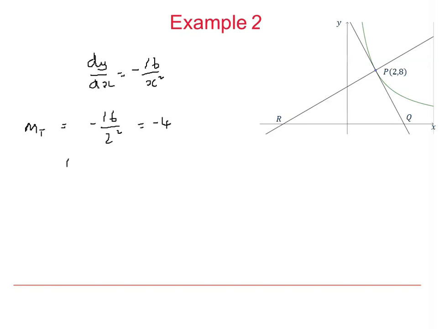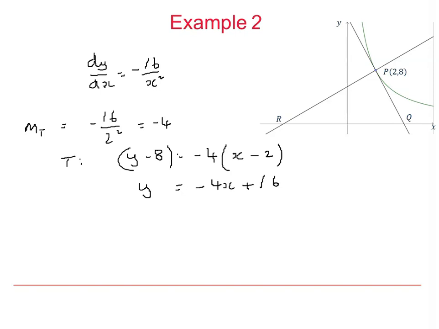And therefore the tangent will have equation y minus y1, so that's y minus 8, is equal to negative 4 times (x minus x1), so negative 4 times (x minus 2). If we multiply out the bracket, we will get that y is equal to negative 4x plus 16.